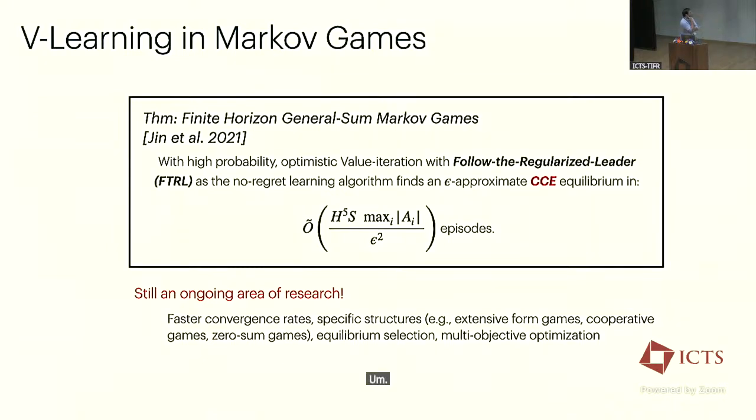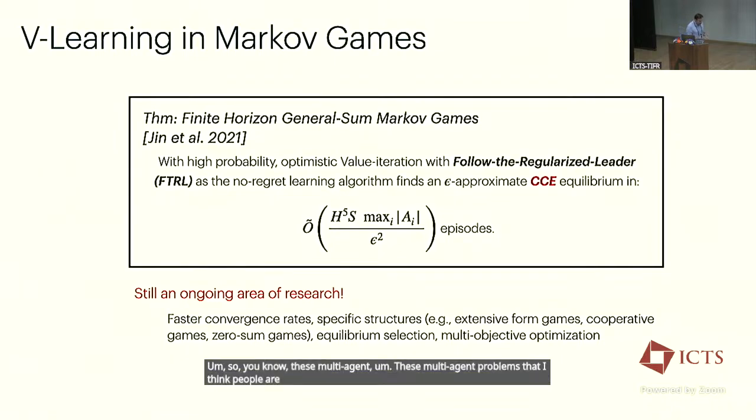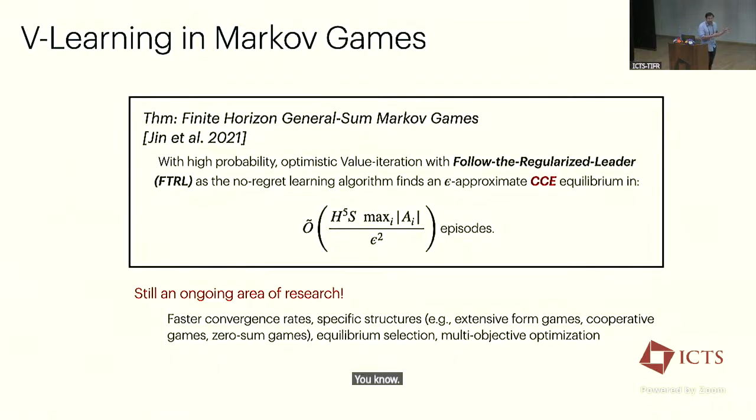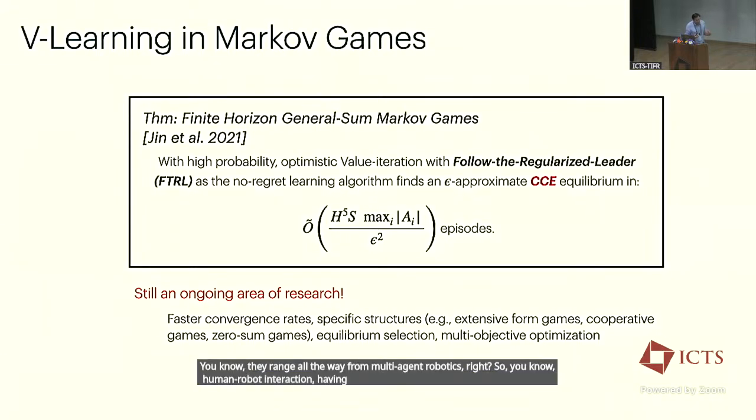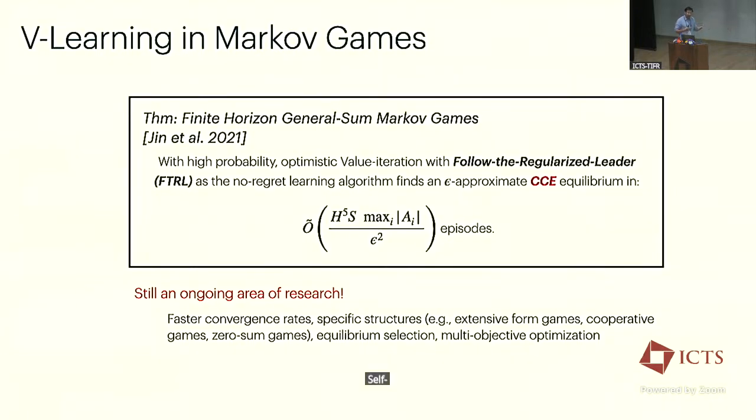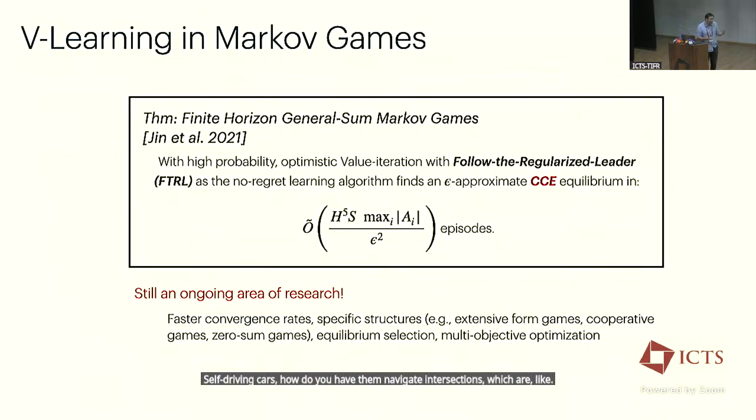So, these multi-agent problems that people are very interested in range all the way from multi-agent robotics, right? So, human-robot interaction, having robots coordinate, self-driving cars, how do you have them navigate intersections, which are fundamentally multi-agent interactions, all the way to more cooperative settings.